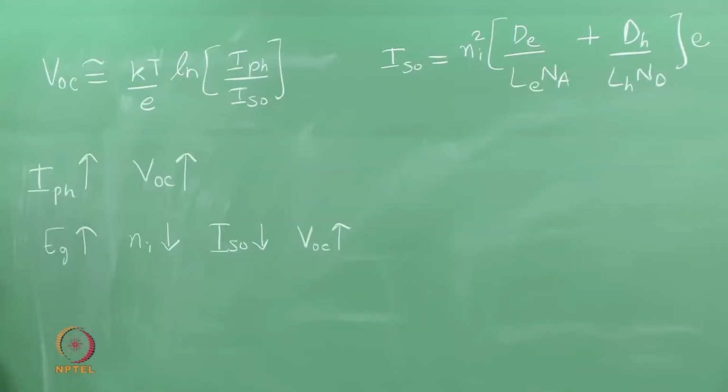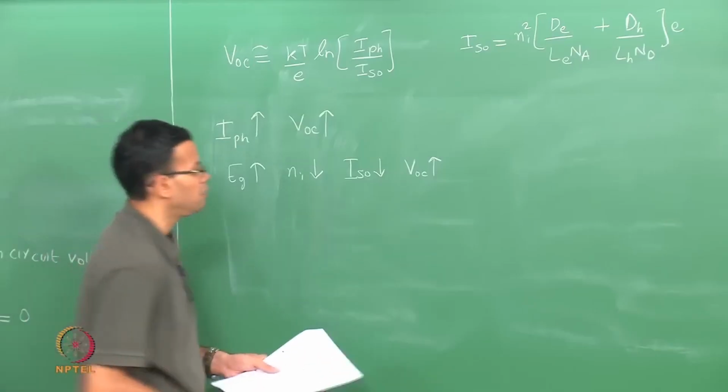So, in the case of a solar cell, we saw that the important parameter was the power conversion efficiency.